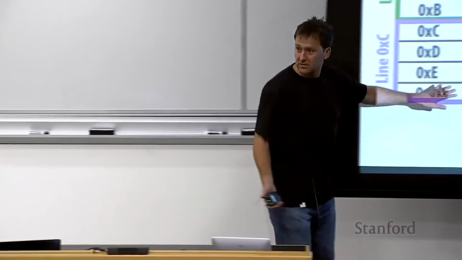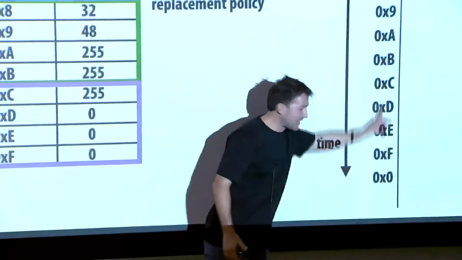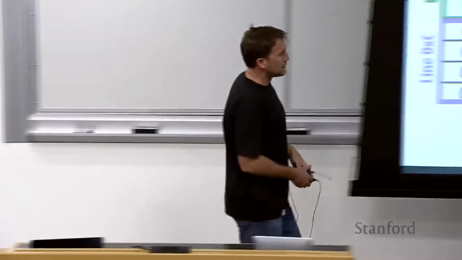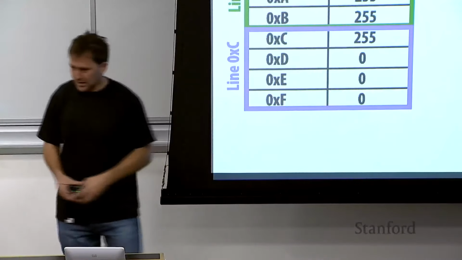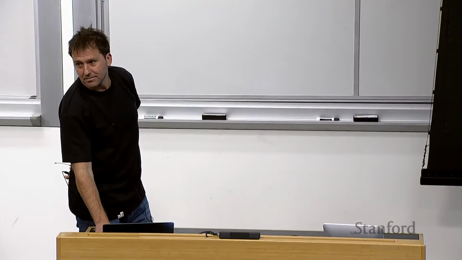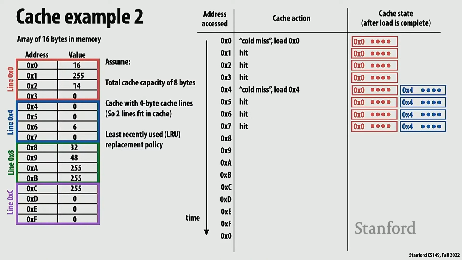Same cache, and now all I'm going to do is I'm going to read right down an array. Notice that the addresses are just increasing by a byte every time. Okay. So let's just do this. So hit, right? Hit. Now what happens? Miss, good. Hit.